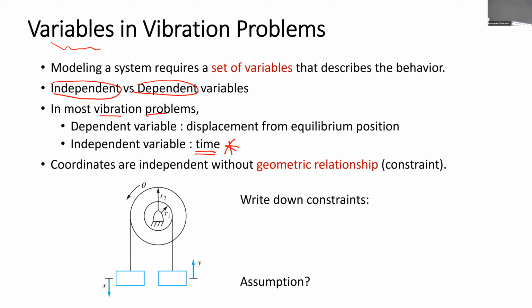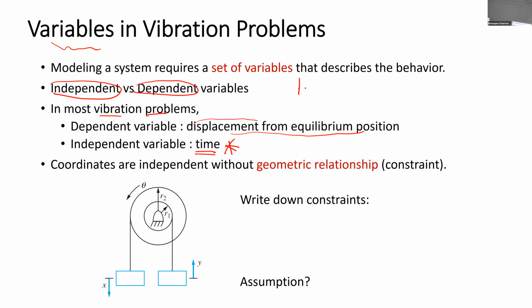And the dependent variable is going to be the variable that changes against time. For example, the displacement from the equilibrium position.